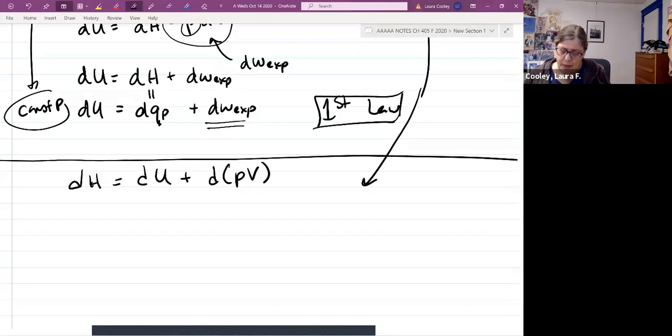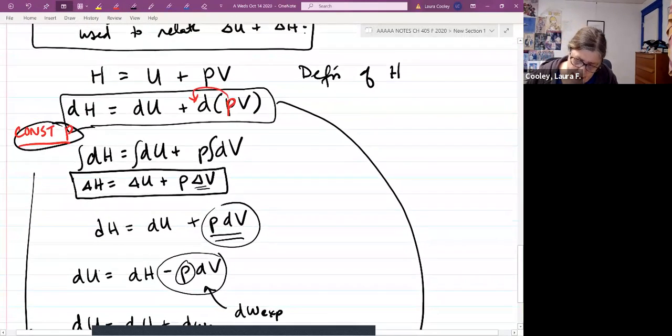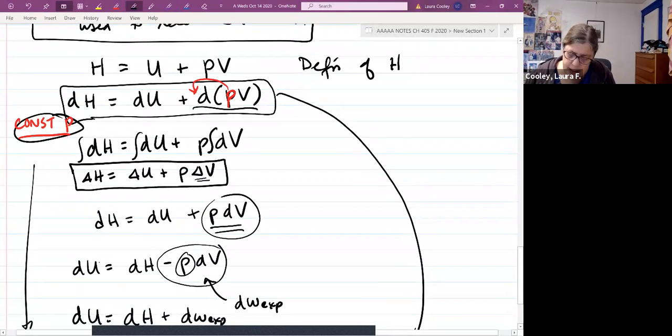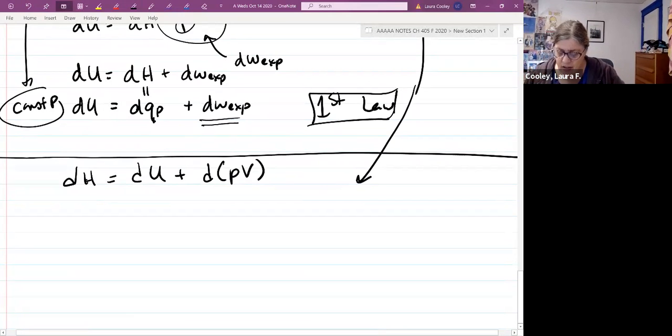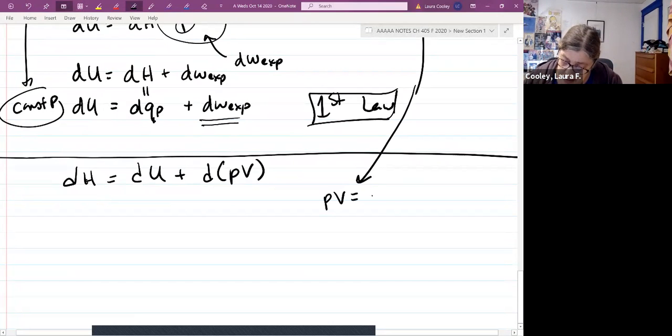And the reason I went back a step is because most of the time in these types of problems, we're dealing with generation of a gas or expansion of a gas, and we can treat those gases as if they were ideal. So PV is nRT.